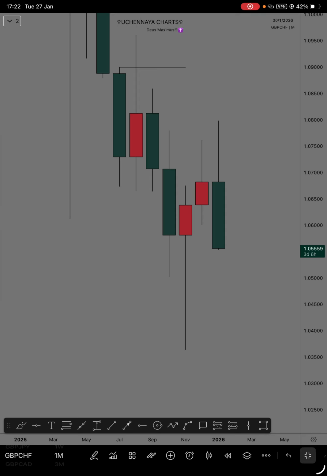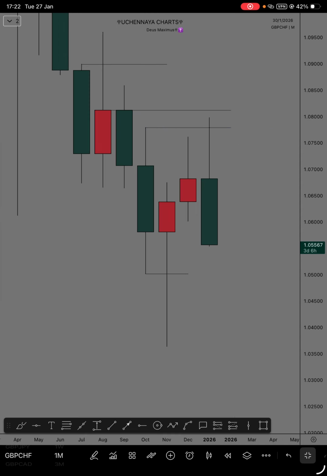Price coming from here, and we had this monthly key level right here, but price didn't get to that point, and we had this monthly CRT. Yeah, and this was the target. Okay, this was when the CRT high was actually taken. So after the CRT high was taken, price started giving reversal signals.